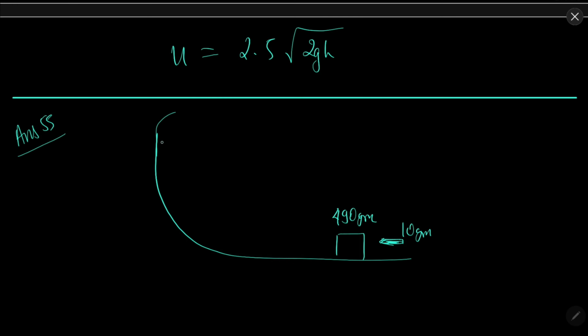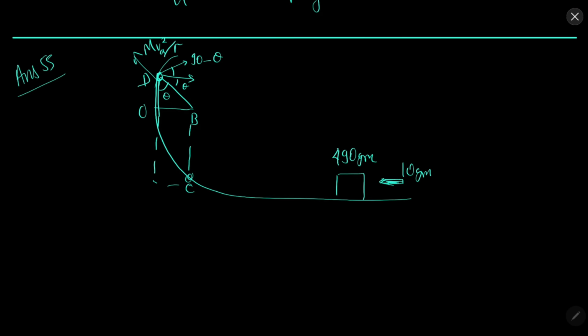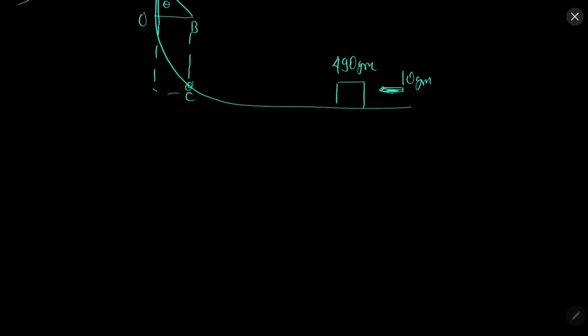Now let this be the position, mva square over r, 90 minus theta, this is theta, theta, let this be D, O, B, C. Now by conservation of momentum we will have this equation.